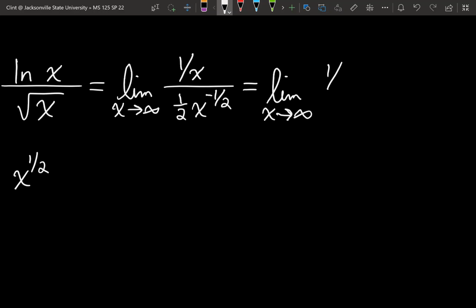That's 1 over x over 1 over 2 square root of x. Move that to the bottom there. So 1 over infinity is going to be 0.